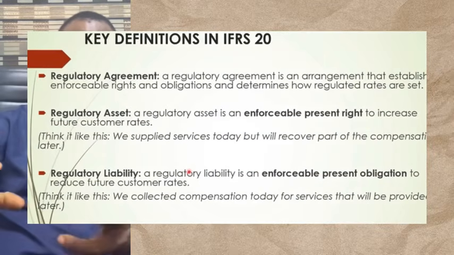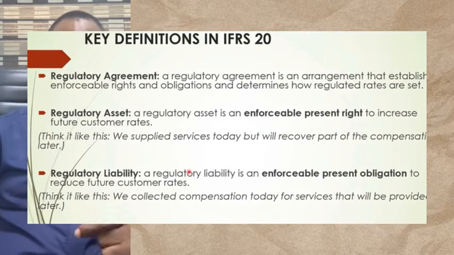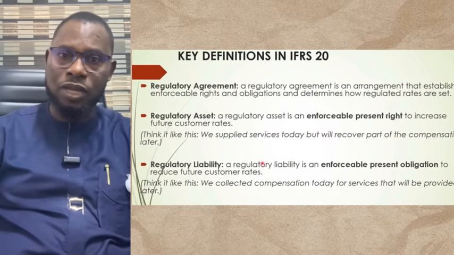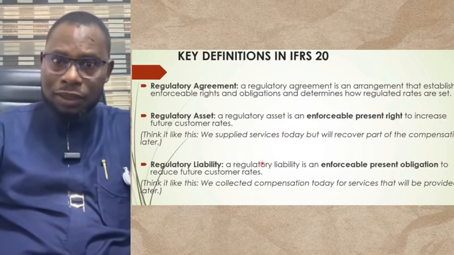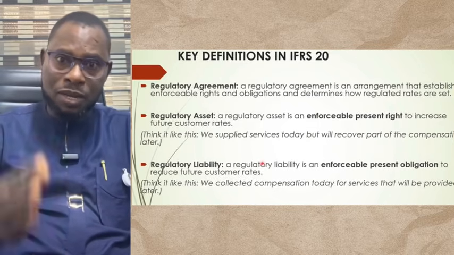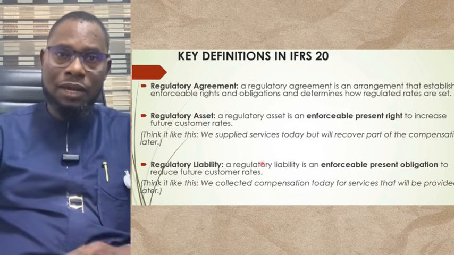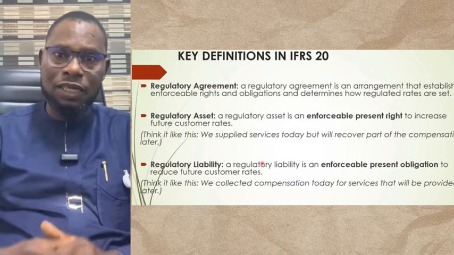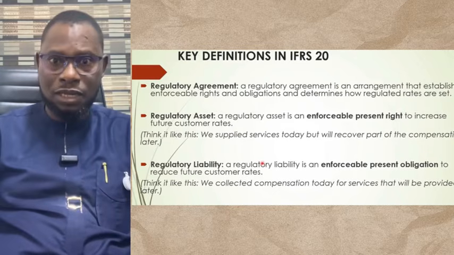Let's move to regulatory liability. This is the mirror opposite of the regulatory asset, just like assets and liabilities as explained in the IASB framework. If you understand that, anywhere you see asset, whatever is attached to it, you have to understand it in that line.